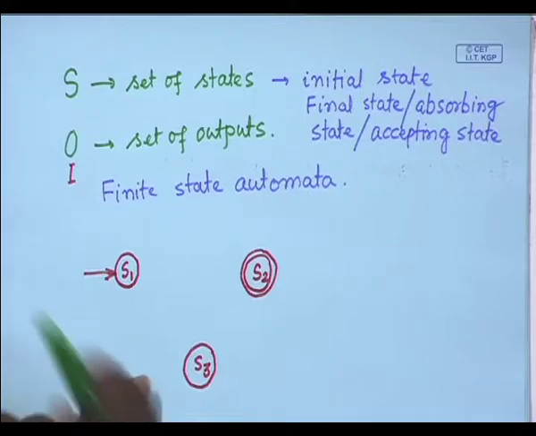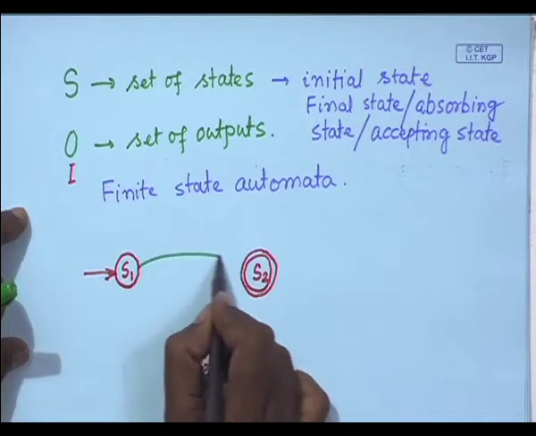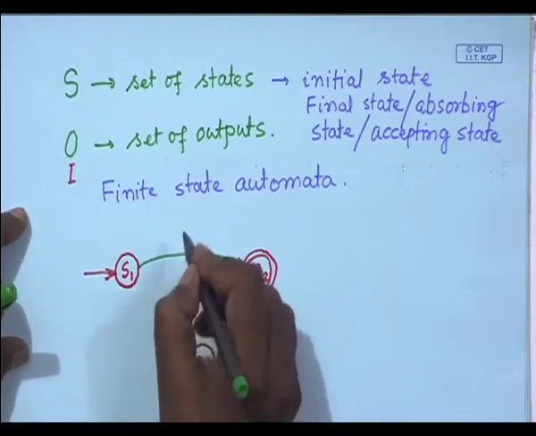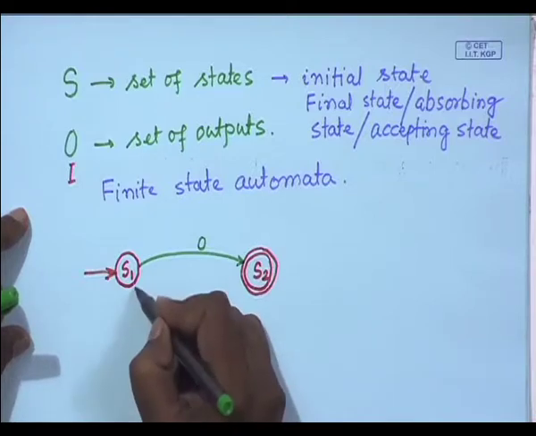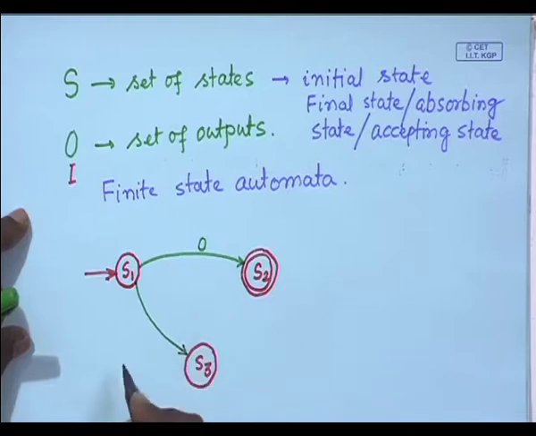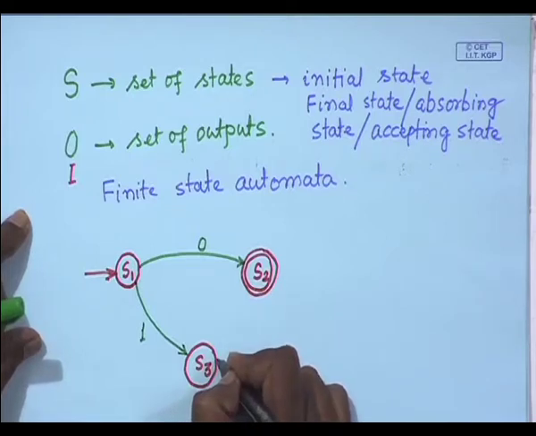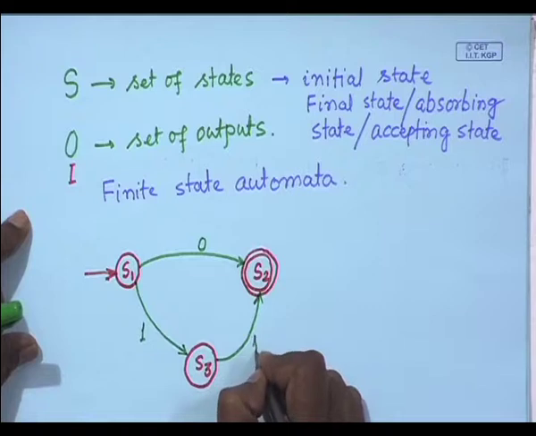So, the machine can make a transition from state S1 to S2 and give an output, let us say 0. It can make a transition from S1 to S3 and give an output which is say 1. It can make a transition from S3 to S2 and it can give an output 1.